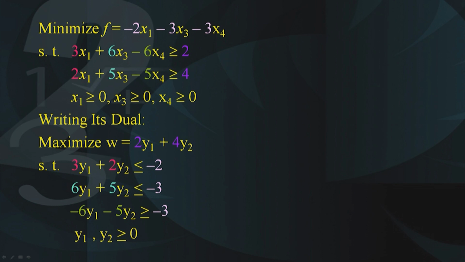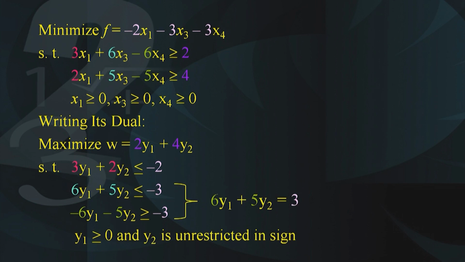But is there a way in which we can simplify this problem further? If you observe the constraints, you will find that the second constraint and the third constraint have a relationship. And what is the relationship? You can write them as an equality. So, here you are.